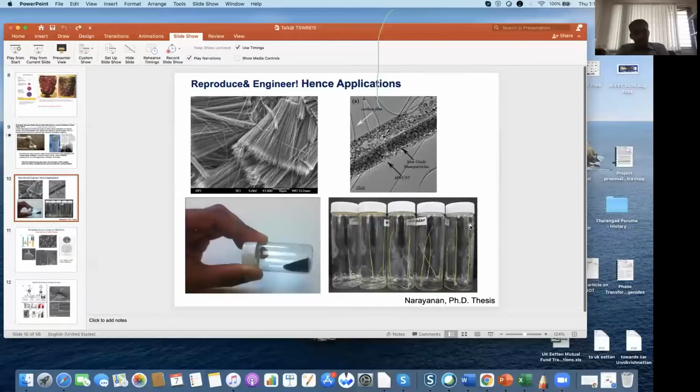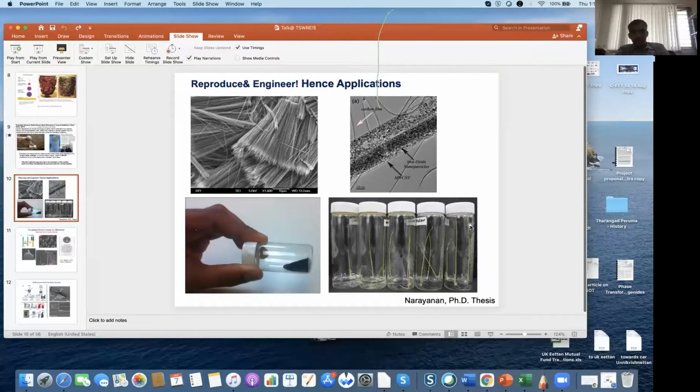For example, when I started my independent research, one of the companies that came to me was GE, General Electric. They are big electrical transformer manufacturers.